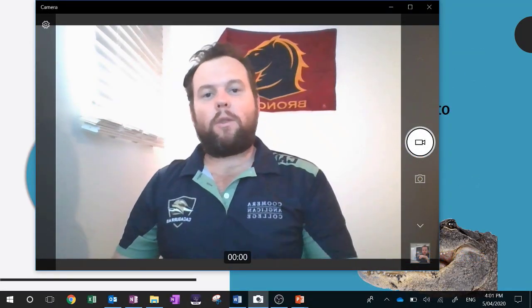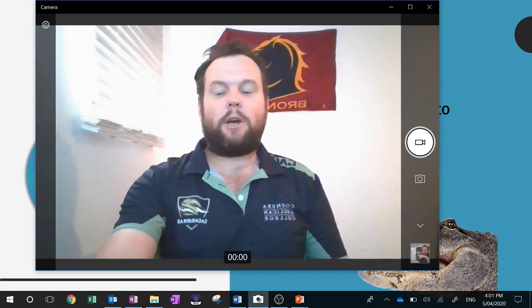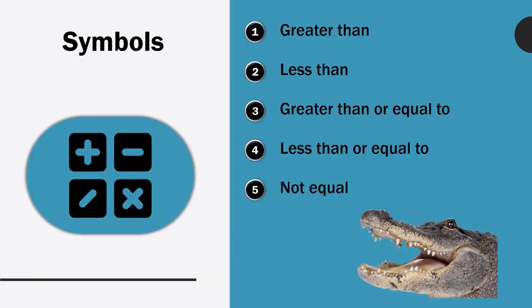Okay guys, the first thing that we just need to go through is these symbols. Here are the symbols that we're going to learn about today. We're going to look at greater than symbols, we're going to look at less than symbols, and we're going to understand how to compile a sentence when we talk about those, and our crocodile down the bottom is very important to us when we're talking about these sentences.